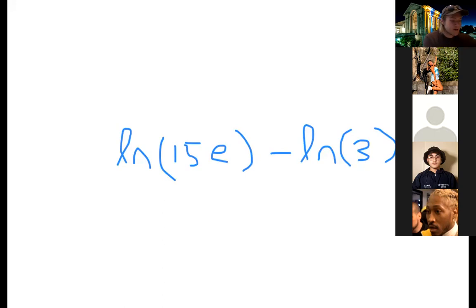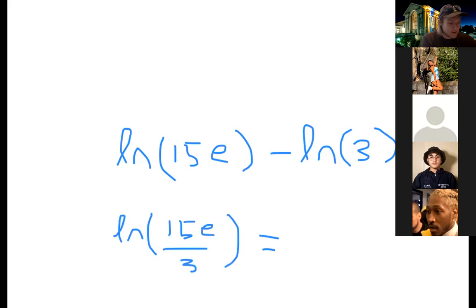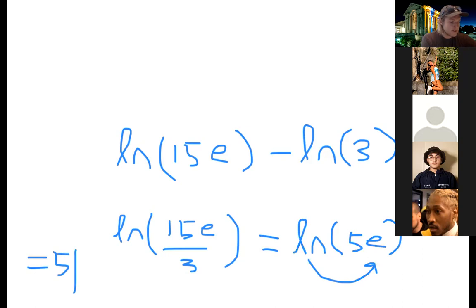So in this case, we can rewrite this as one single expression, the ln of 15e divided by 3. We can simplify this down as the ln of 5e. But remember, we said that the ln of e is just 1, so this actually gives us 5. Does everyone see how I got there, hopefully?